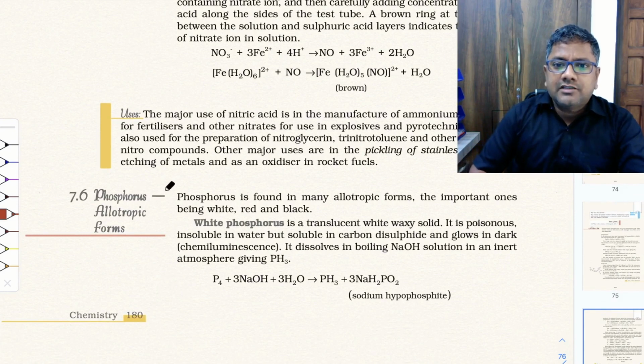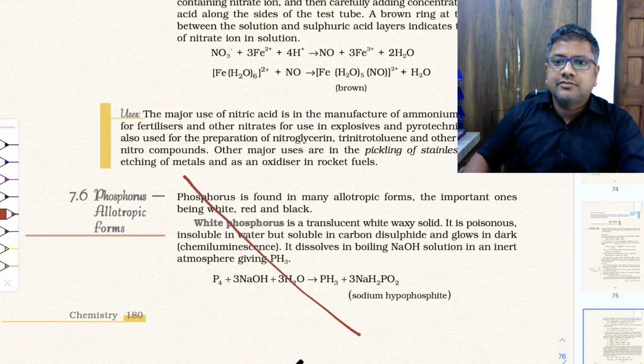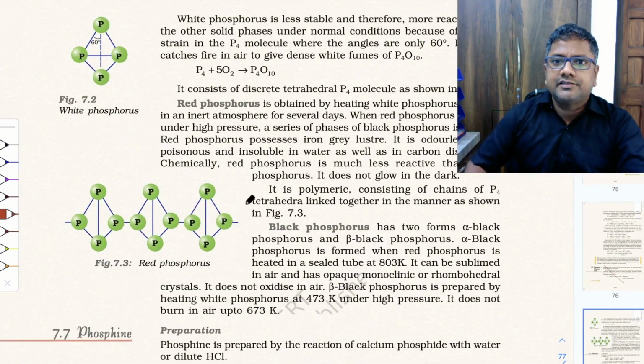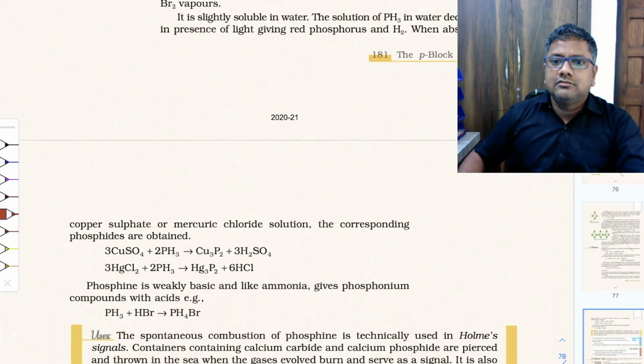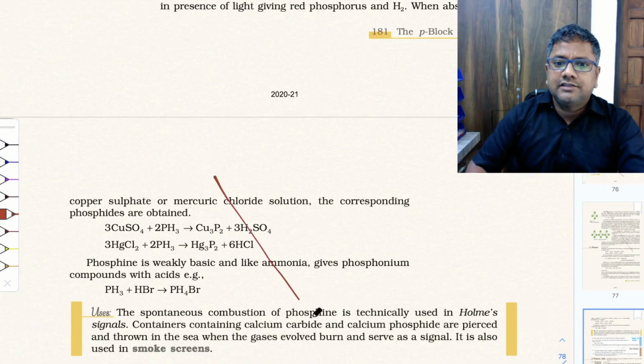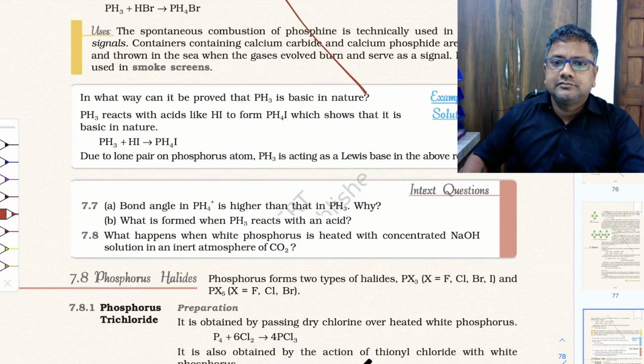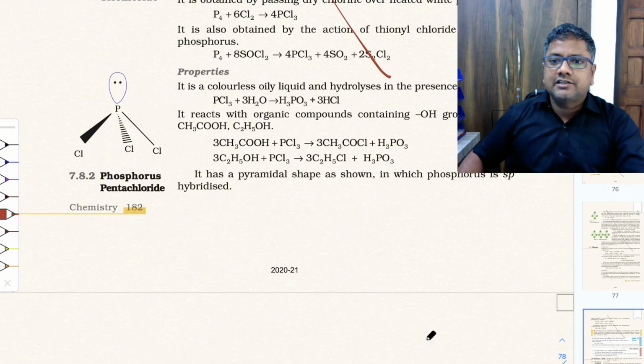Now phosphorus allotropic forms. Everything related to the phosphorus, it is deleted. No need to go through any one of this. Right? Phosphorus halides, this is also excluded.